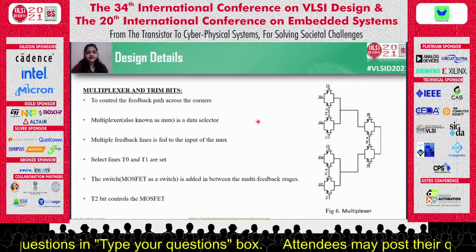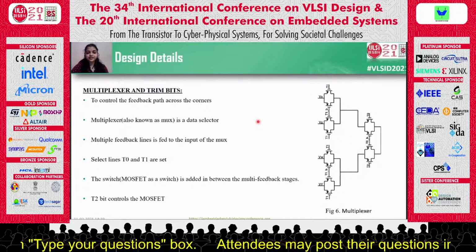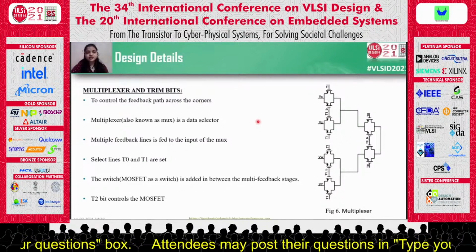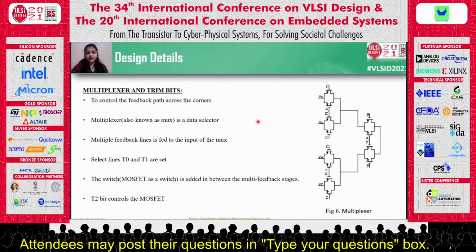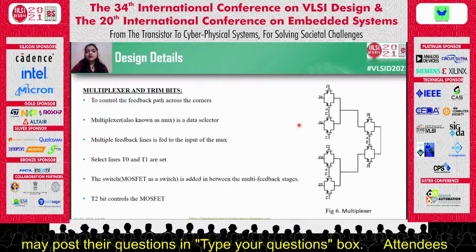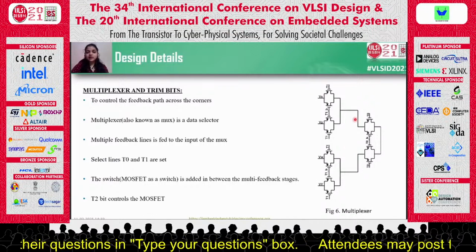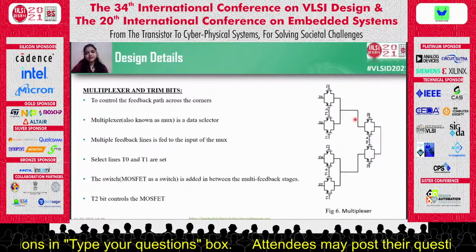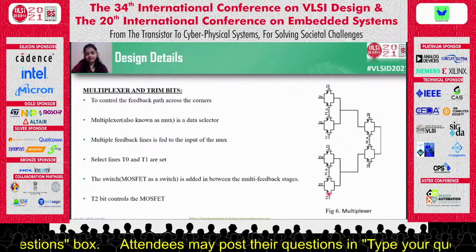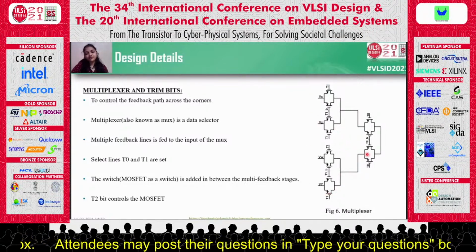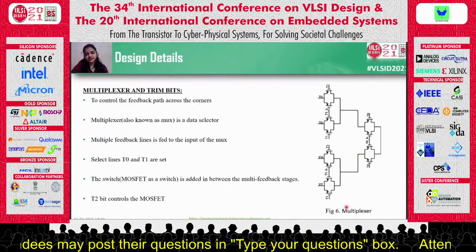It was observed that the delay across different corners was different. So in order to achieve the same frequency across all the process corners, a multiplexer was used. A multiplexer, which is also known as mux, is a data selector which has multiple input lines and it feeds forward a single output based on the select lines.